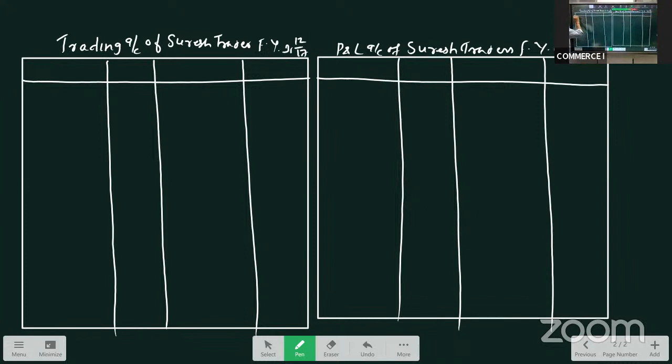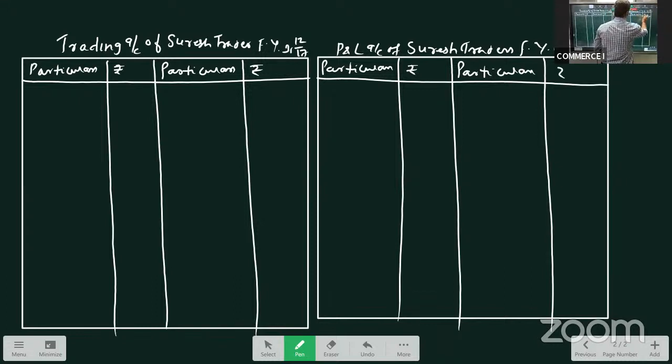So what are these columns? Particulars, amount, particulars, amount, particulars, amount, particulars, amount. ठीक है?